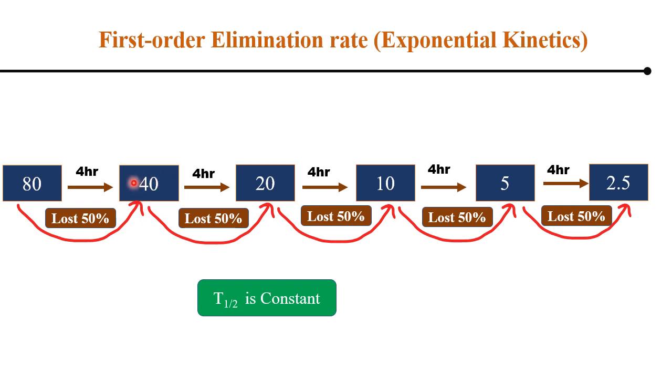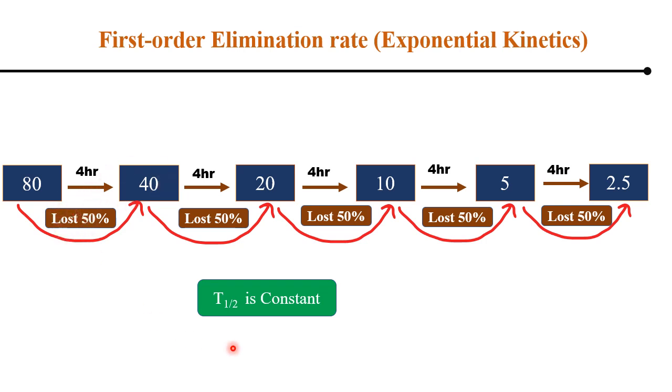In first order kinetics, the half-life of the drug is constant and it is independent of the initial dose or concentration of the drug. This means that plasma concentration of the drug will be reduced by half after a fixed period of time.